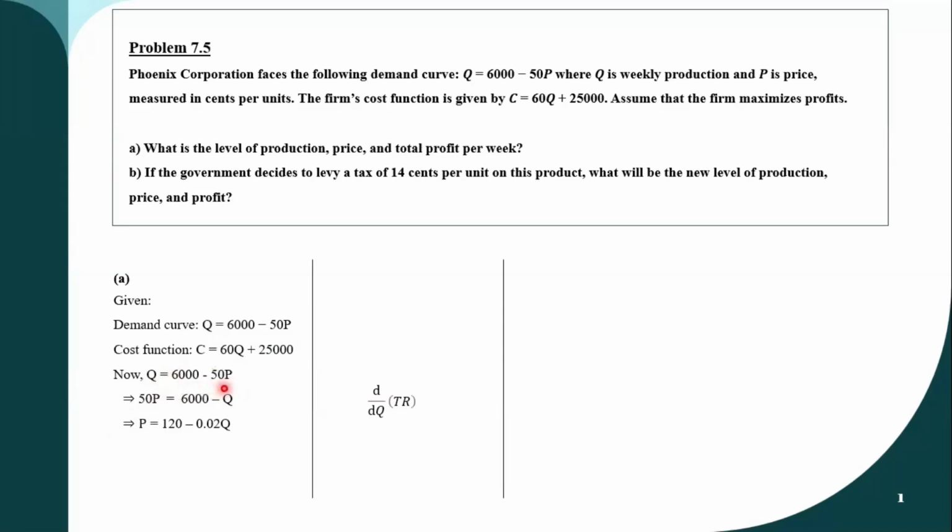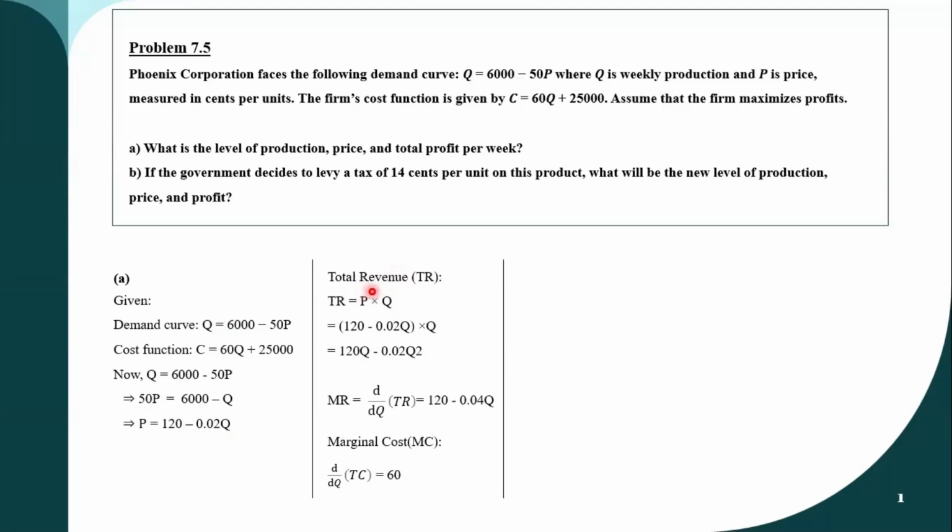We need to find the P function, so we put 50P on the other side of the equation and Q on the other side. So the equation of P is P equals 120 minus 0.02Q.